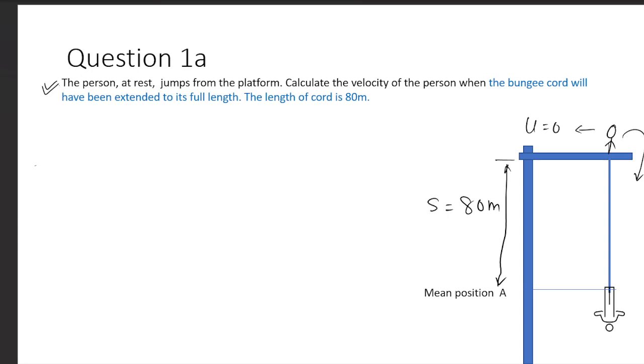S is given to us, the distance traveled by the person during this free fall, which would be 80 meter. And the person is falling near the surface of the earth, so we can take g equal to 9.8 meters per second square.